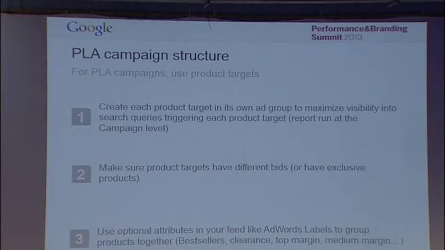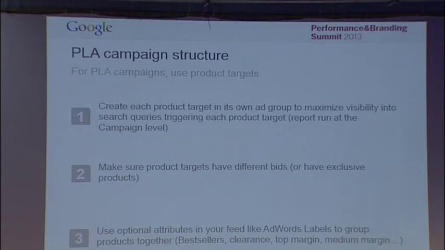Make sure that every product target has different bids, or if they have the same bid, that they can't have the same products in both. And make sure to use AdWords labels to really go one step further once you have already optimized the basic stuff in your PLA campaign.